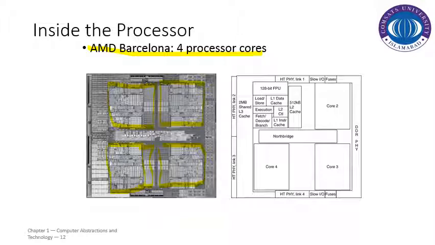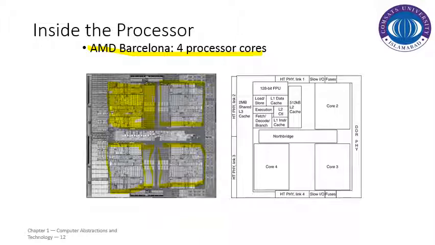For example, if you see this first core, we can see that we have a 128-bit FPU, that is a floating point unit, in order to perform the floating point operations.